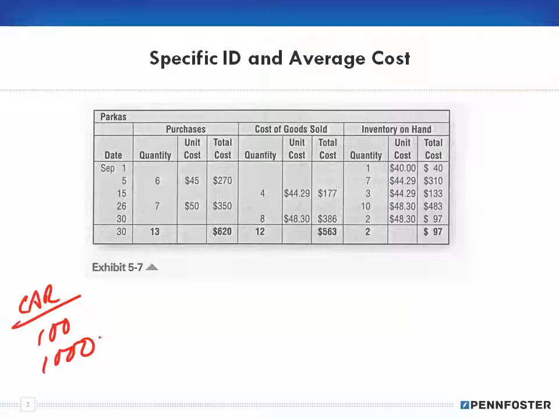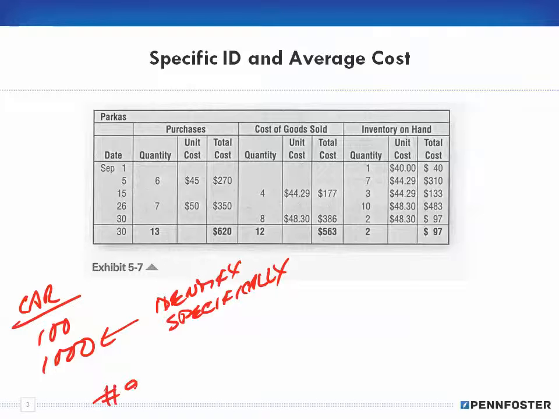But each one of those cars I can identify specifically, meaning, if somebody comes on the car lot and they're looking at car number 950, and that happens to be a Ford F-150 truck, I can specifically identify that vehicle.